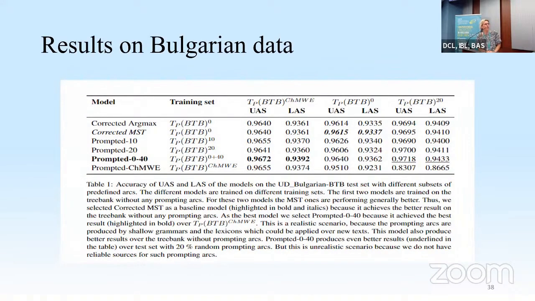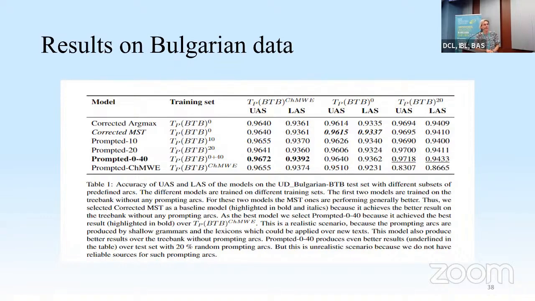Okay, results on Bulgarian data. So in italic, we can see the baseline, which is the best model for a baseline, and then the best model is prompted with 40 sure links from shallow syntax. And here we have two numbers.